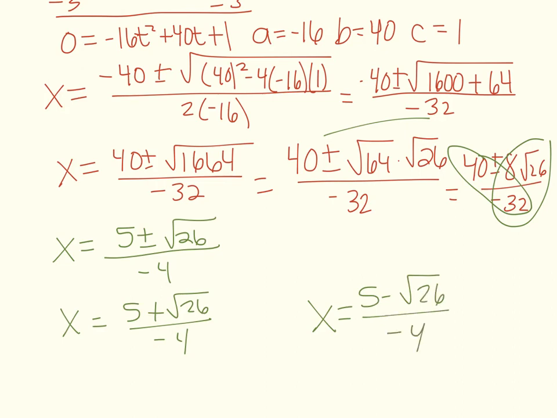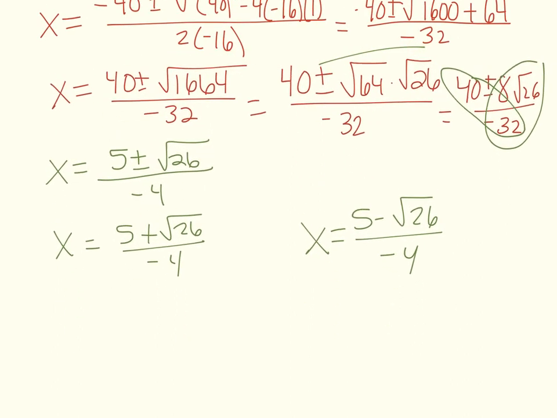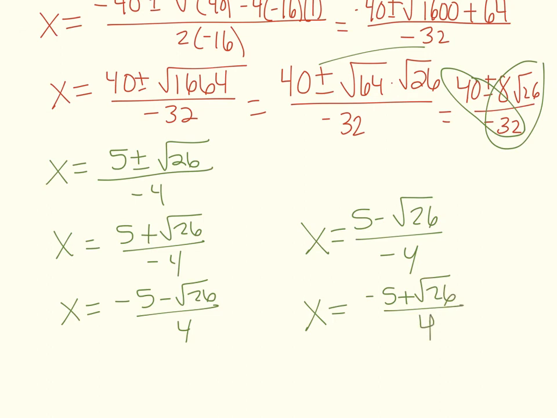We don't like to keep negatives in the denominator, so we should divide that up to the top, flip the signs on the top, so I'd have -5 minus the square root of 26 over 4, and -5 plus the square root of 26 over 4.